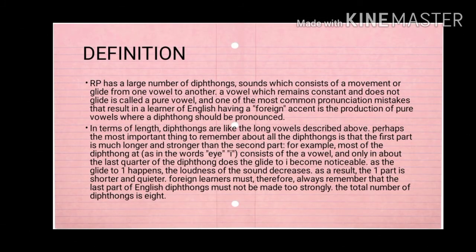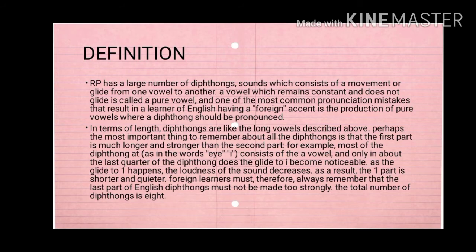Okay, I will explain about diphthongs. RP has a larger number of diphthongs, a sound which consists of the movement or glide from one vowel to another. One vowel which remains constant and does not glide is called a pure vowel.